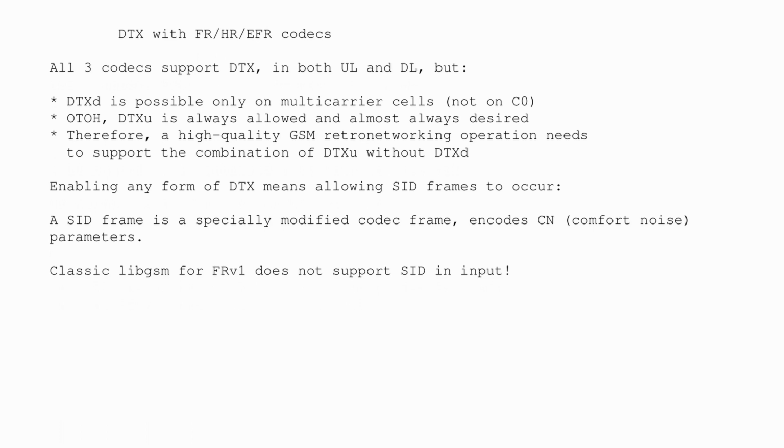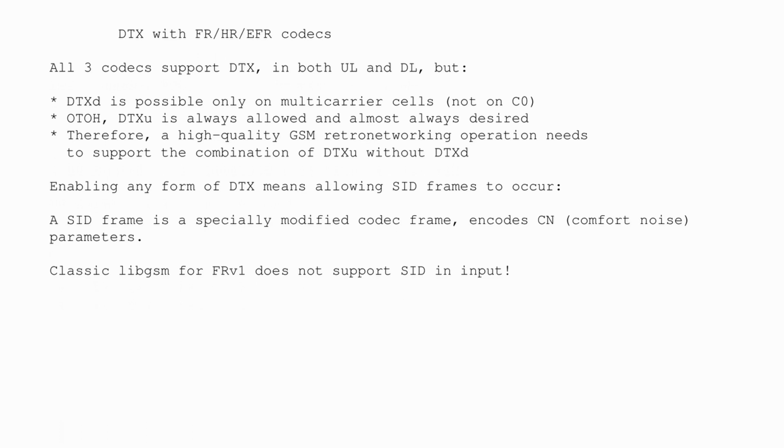They have to correctly, gracefully handle SID frames, which is a specially modified codec frame. And here is the really important part, I'll get to that in more detail later: your classic libGSM, which almost everybody, including me, in the FOSS community uses for decoding GSM 06.10 codec, does not support SID.